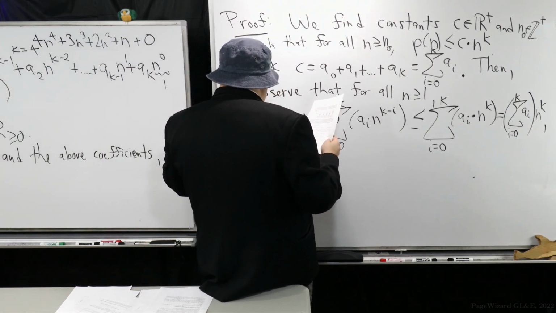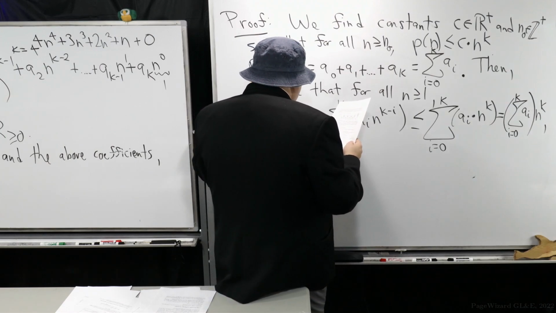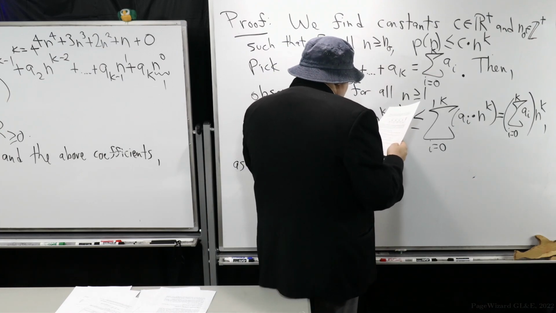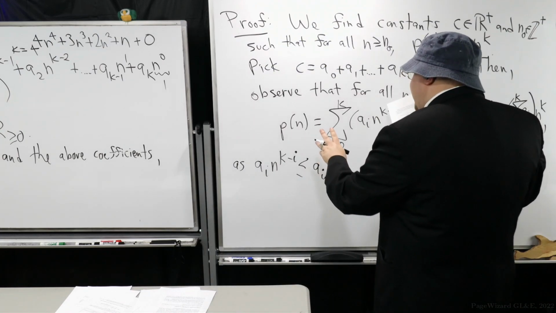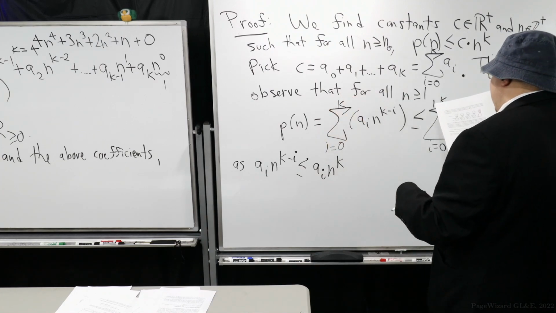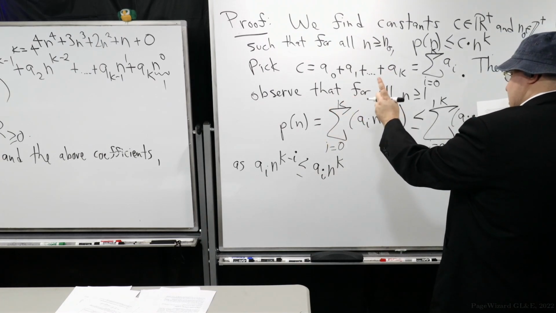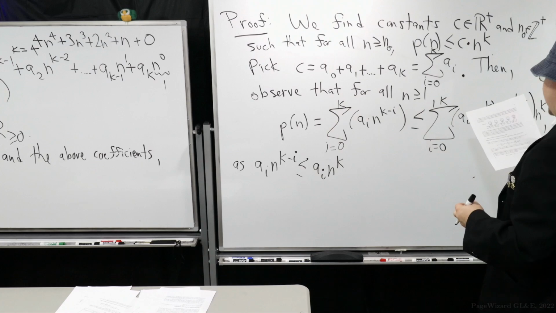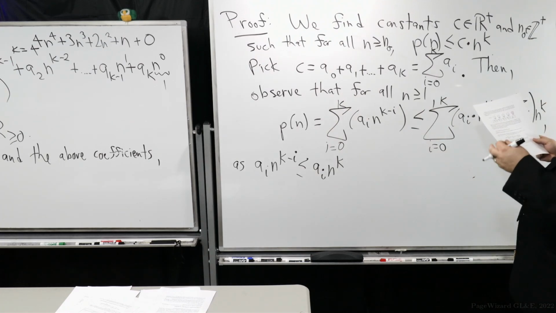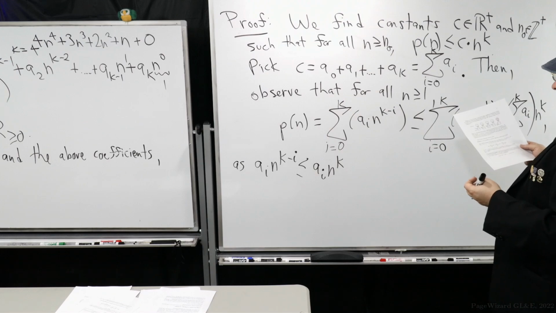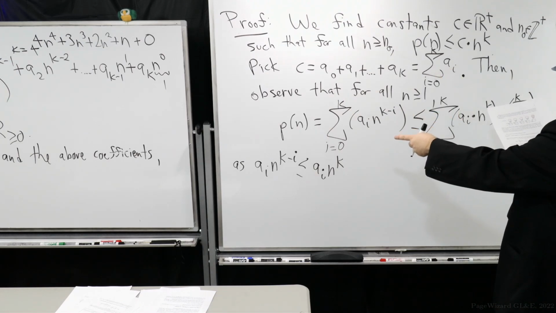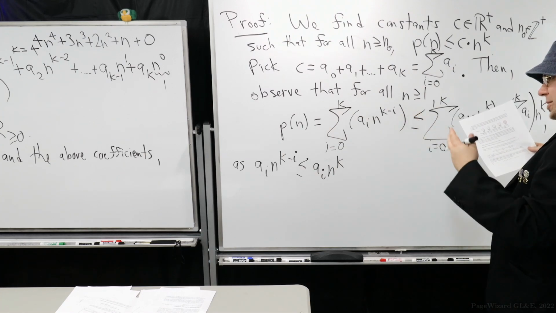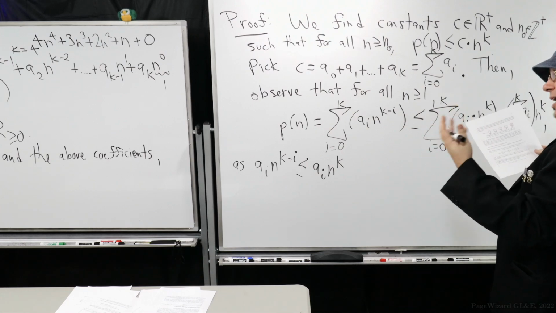So as ai times n to the power of k minus i is less than or equal to ai times n to the power of k, notice that I can divide both sides by ai, because if I presume they're not 0, they're both positive.